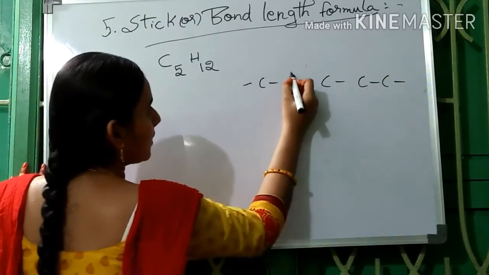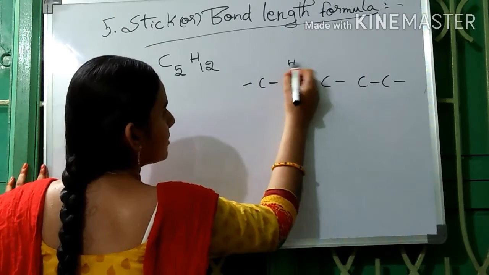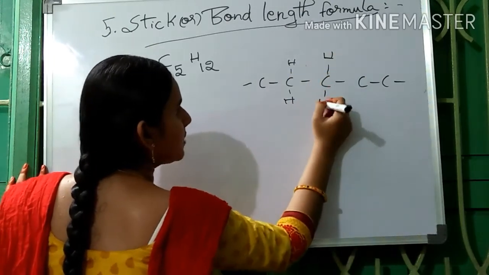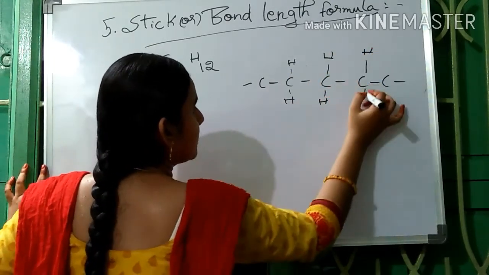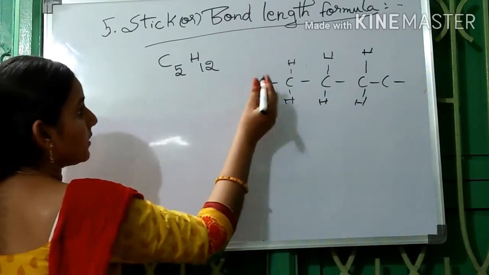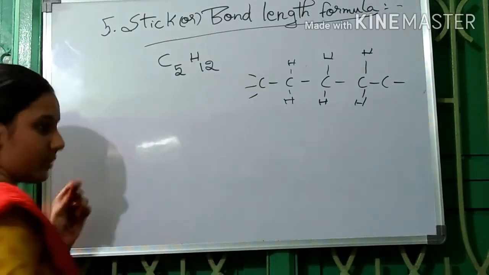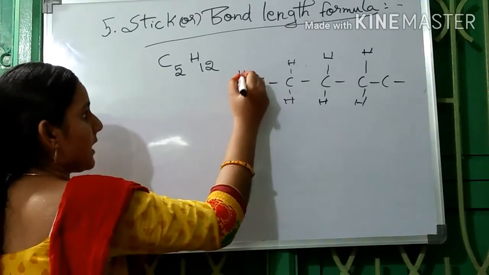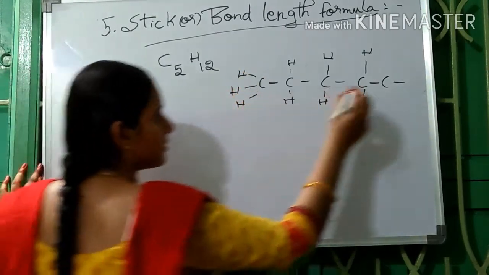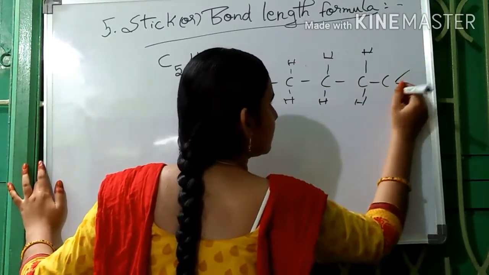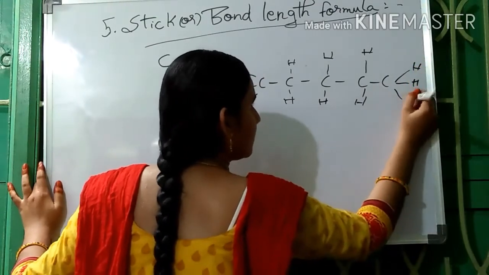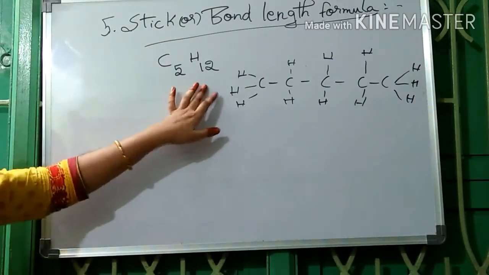For this carbon, another 2 valencies, hydrogen, hydrogen, hydrogen, hydrogen, like this. At the end, it has 3 vacant valencies. Allot 1 hydrogen to each. This would be the structural formula of this.